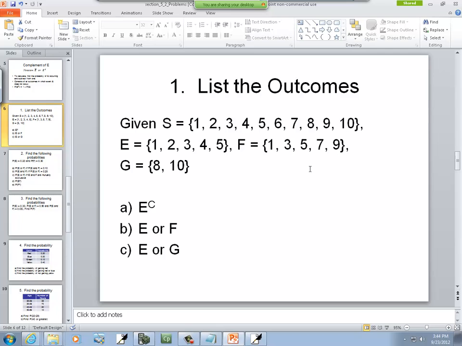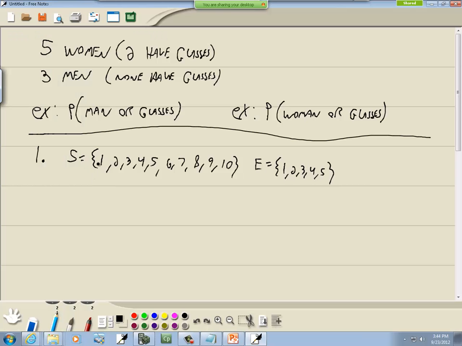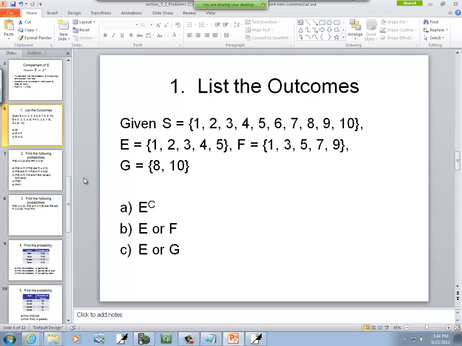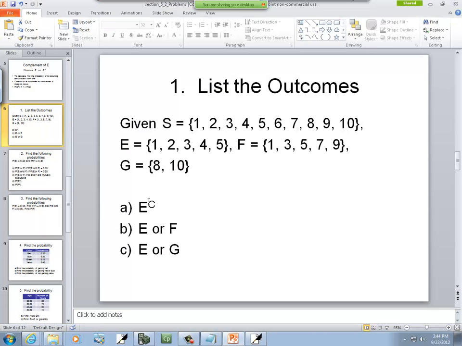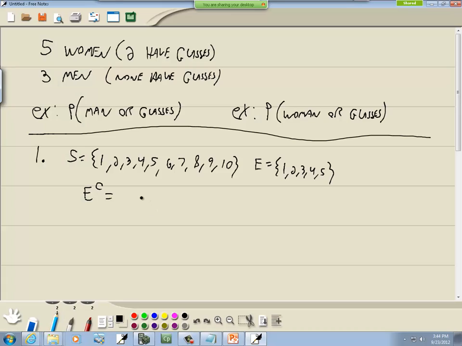Let's look at that first. Okay, now S is everything. That's our sample space, so that's all of our possibilities. And E is 1 through 5. So this is asking us to list the outcomes. Well, this is a complement of E.